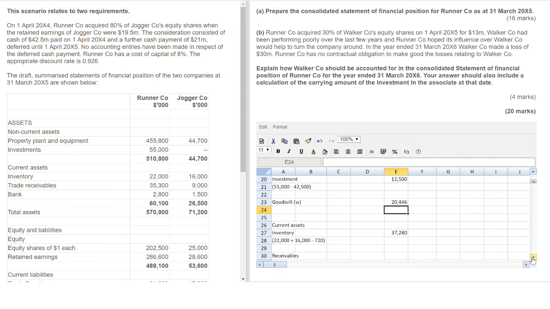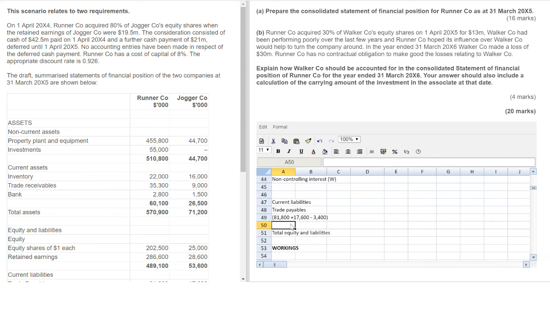Because what you've done there is that you have recorded the present value of that item, that deferred cash. You then need to work it out at the reporting date. Okay, that is the challenge.